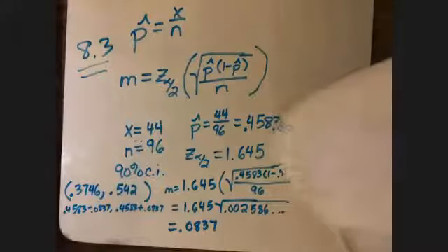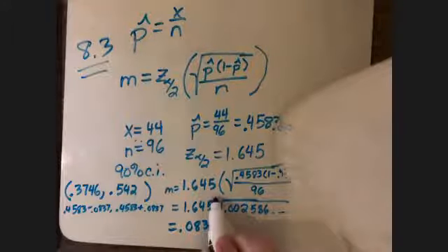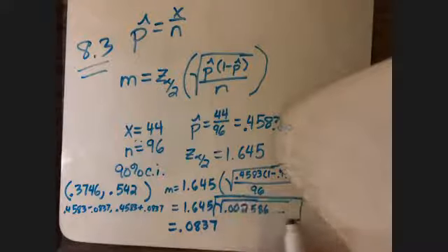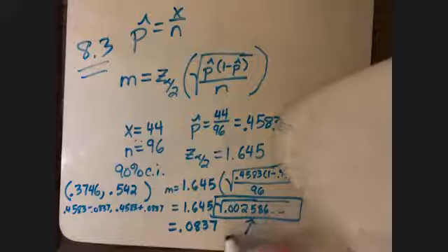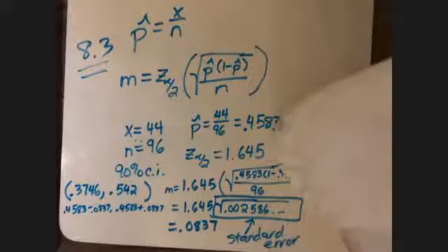Now, a couple of things that we have to make assumptions for with this is that we are doing a simple random sample. Oh, standard error. Standard error is this part. Whatever this comes out to be, this is your standard error.